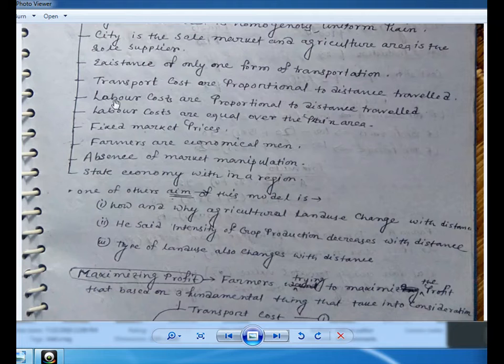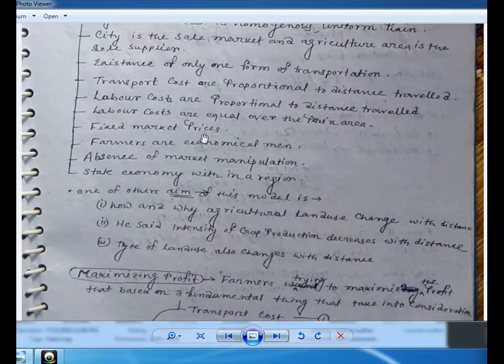Labor costs are also proportional to distance traveled, and labor costs are equal over the plain area.